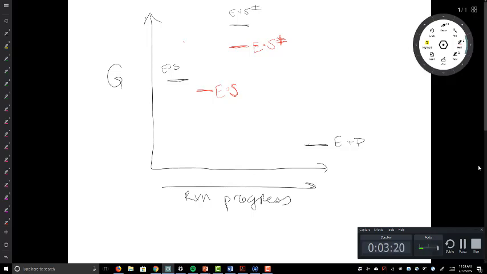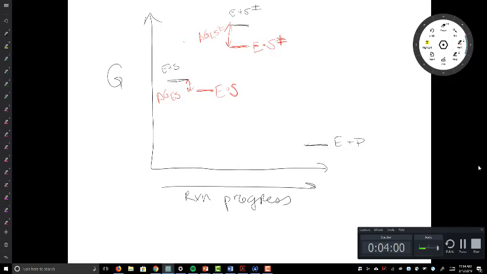And so one way we can see this is by saying that the delta G between the enzyme plus the substrate alone and the enzyme substrate complex, or the delta G ES, is smaller than the free energy difference between the enzyme and this transition state when they're not complexed versus when they're complexed. So the binding of the enzyme to the transition state lowers the energy of the transition state more than it lowers the energy of the substrate.